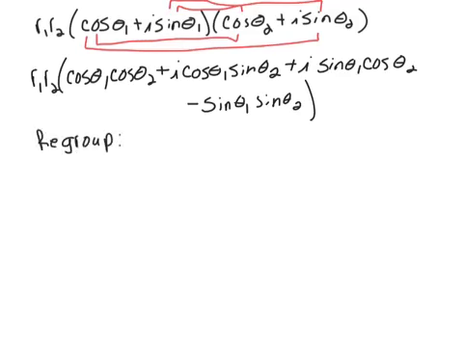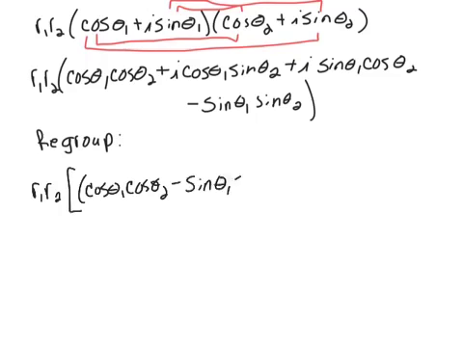So now what we do is regroup. We group our real terms together and our imaginary terms together. So here's what this thing looks like. We still have our r1, r2 out in front. And then our real terms are cosine of theta 1, cosine of theta 2, minus sine of theta 1, sine of theta 2. That should look familiar.